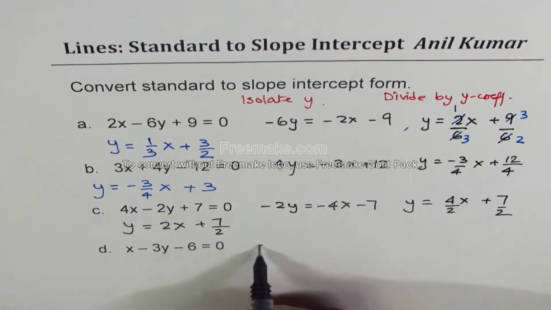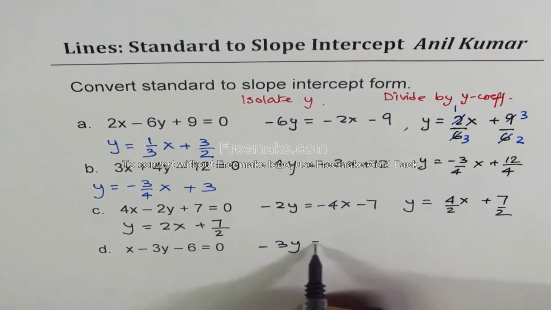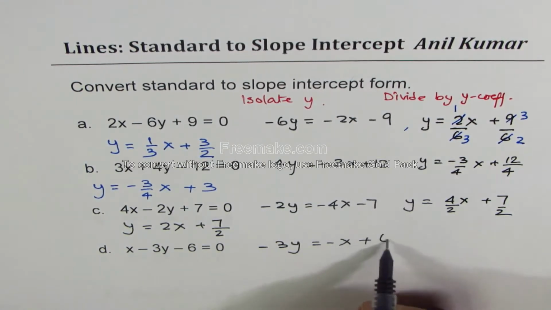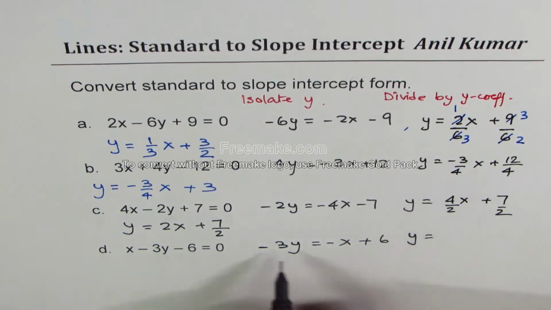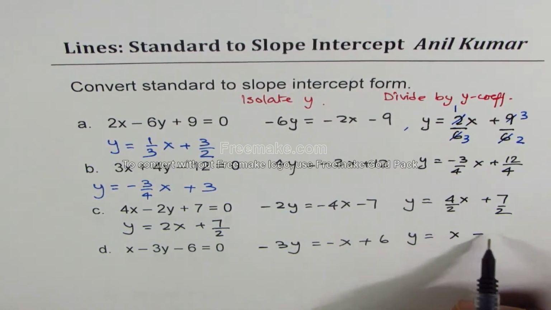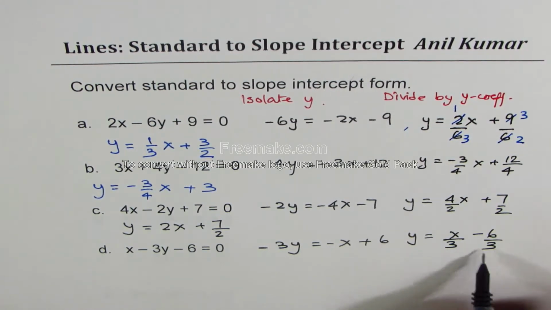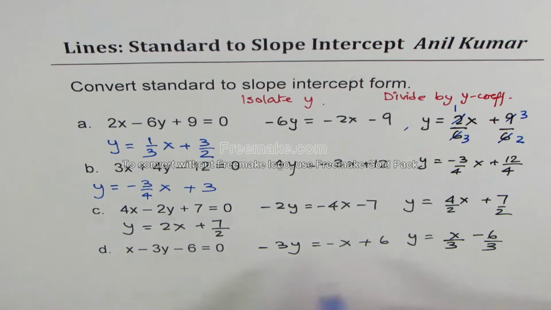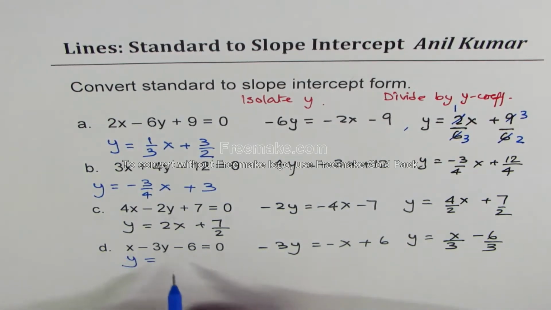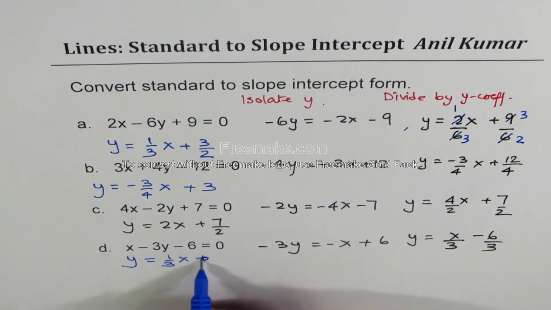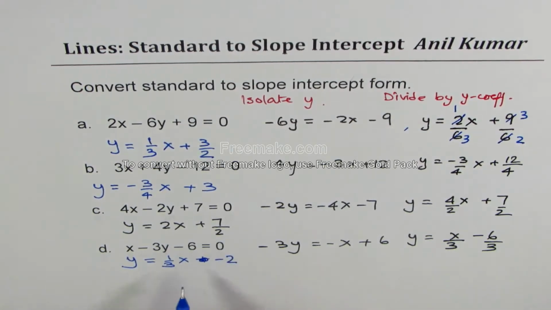Next one here. Minus 3y equals minus x plus 6. y equals, you are dividing by minus, change the signs. Now divide by 3. So that gives you the answer as y equals 1 over 3x minus 2. Is that okay?